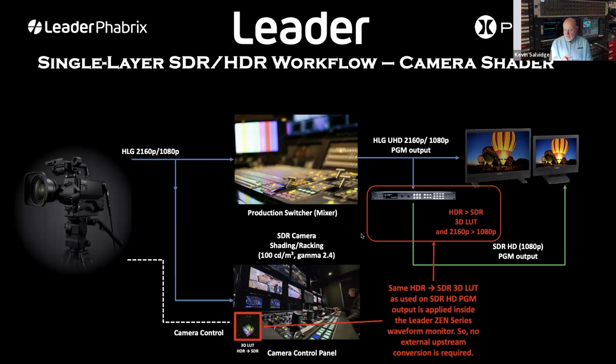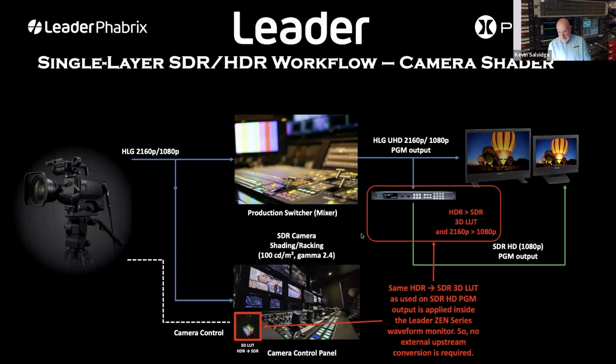So the great thing with this also is that you've got a confidence monitor with that 3D LUT applied. So you can bring that up onto your monitor in front of you. So if it's SDI, and if you're working in 2110, our Zen series, the 5600 and 7600W, can also act as an IP to SDI gateway.